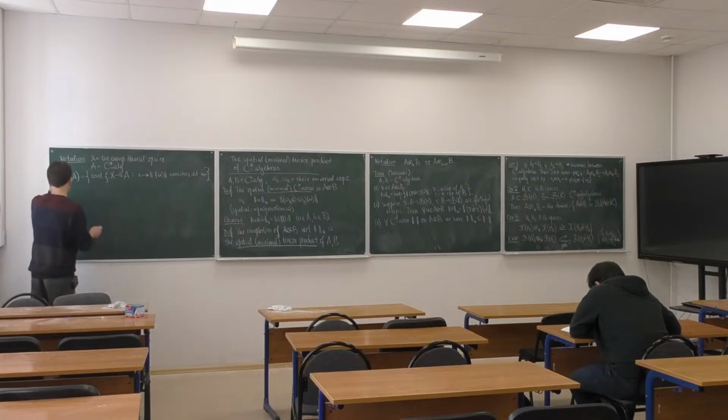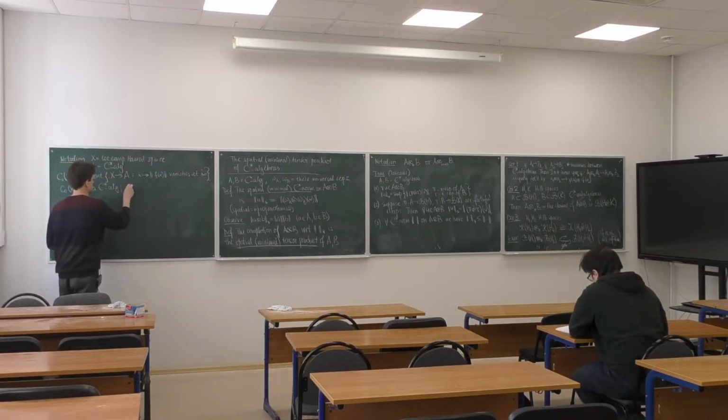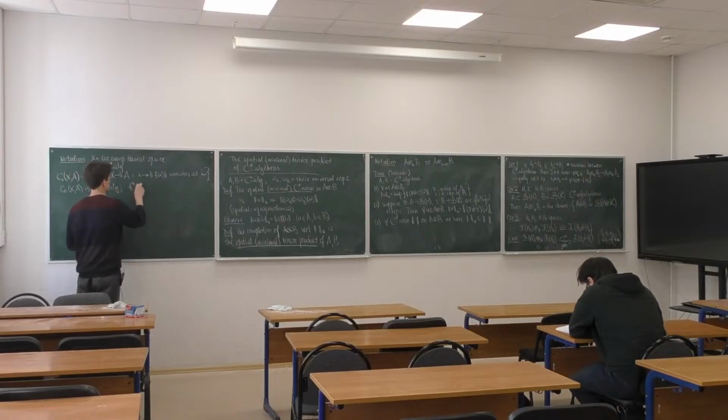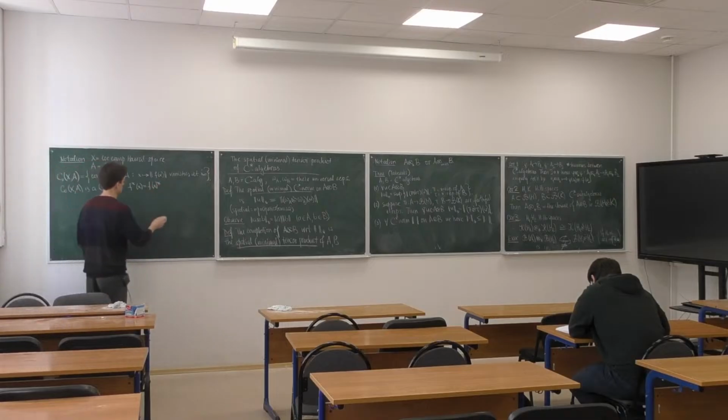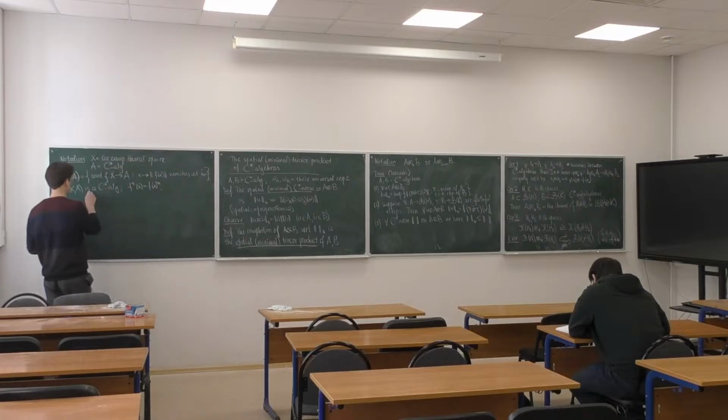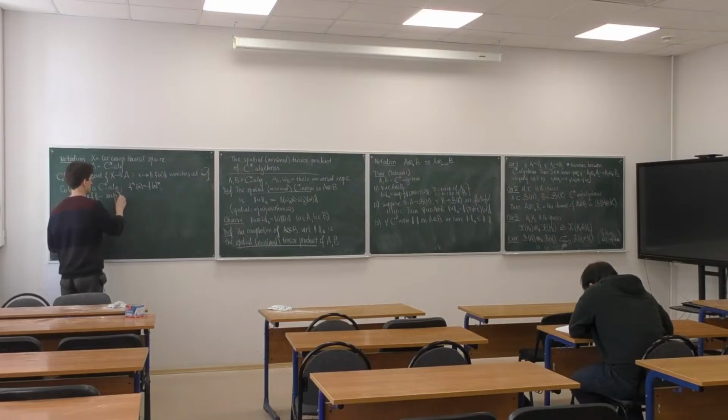Well, it's a simple exercise to show that this is a C-star algebra. The involution is given by the following formula. So we simply apply the involution pointwise. And the norm is just the supremum. The norm of f is the supremum of the norms of f of x, where x runs over our space.